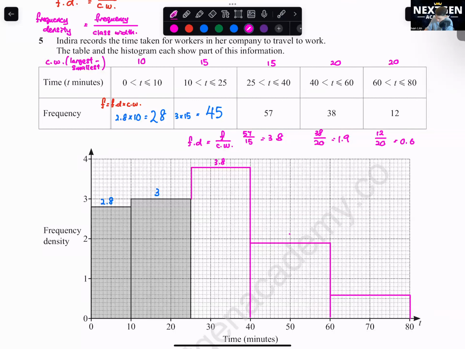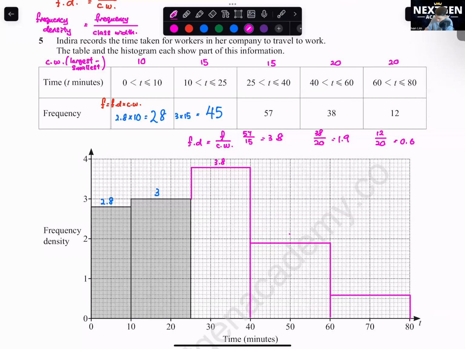So here, what is our midpoint for each of it? Maybe we can just write it down first. My midpoint X, this one is 5. How to find midpoint? If you want to calculate it, you take both of these numbers, like let's say here 10 plus 25, you divide by 2.